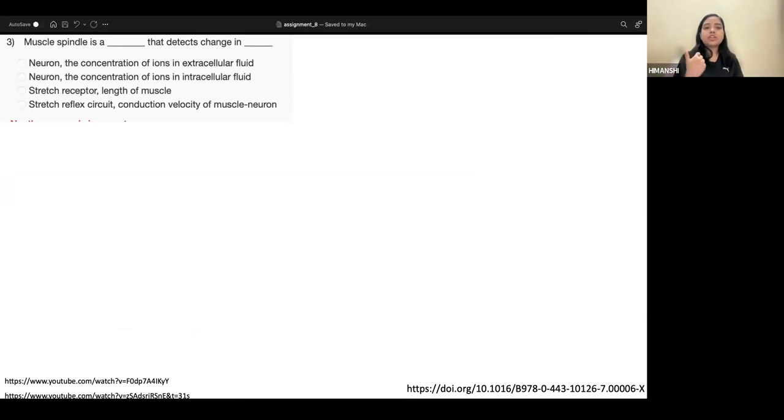Muscle spindle is a neuron that detects changes in the concentration of ions in extracellular fluid, or muscle spindle is a neuron that detects changes in the concentration of ions in intracellular fluid, or muscle spindle is a stretch receptor that detects changes in length of a muscle, or last, muscle spindle is a stretch reflex circuit that detects the change in conduction velocity of muscle neuron.